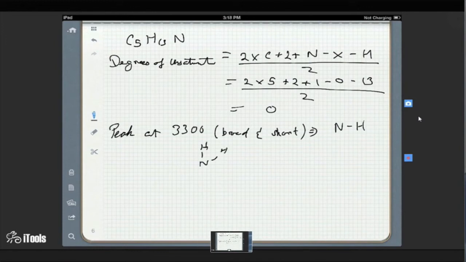We have 5 carbons but 2 more peaks. Which 2 peaks are those?